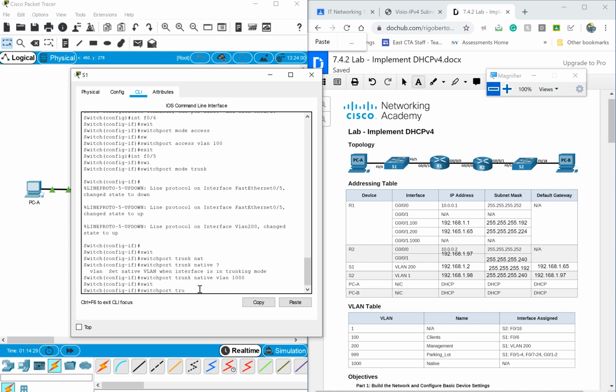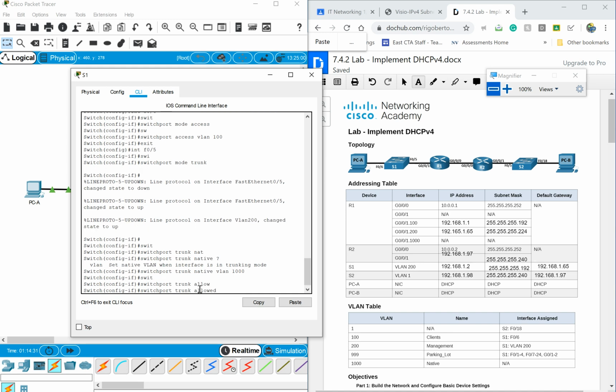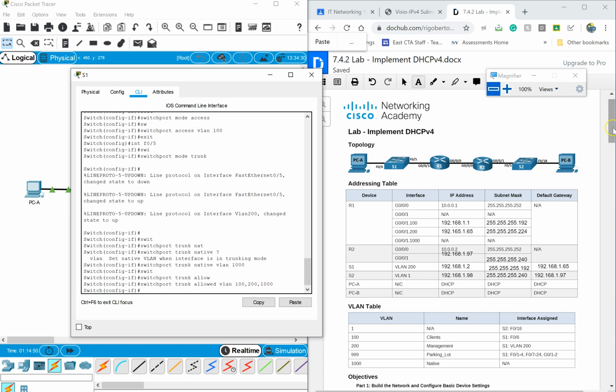Switchport trunk allowed VLAN is 100, 200, 999. No, I think it's just 1000. Do we need to allow 999? No, I don't think so. 100, 200, and 1000 should be a-okay.